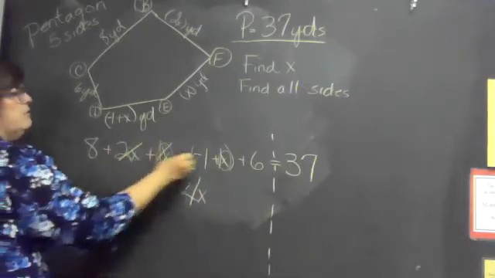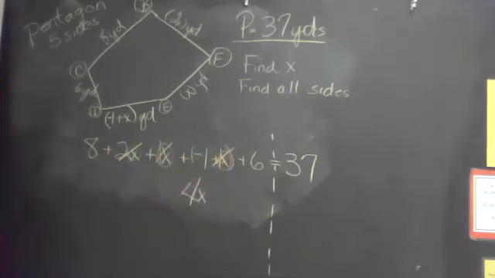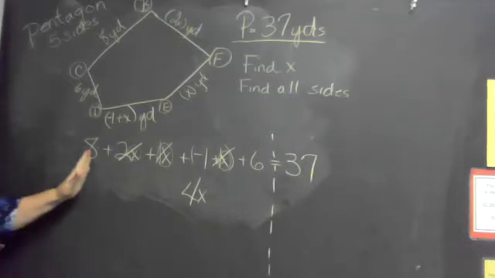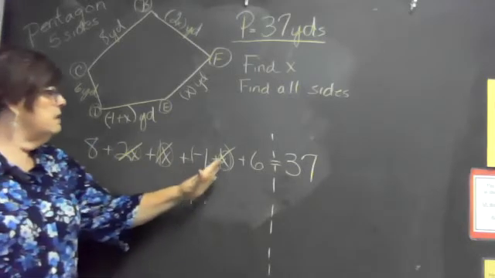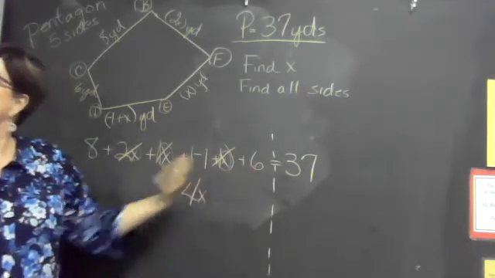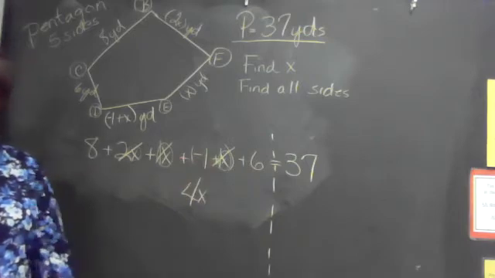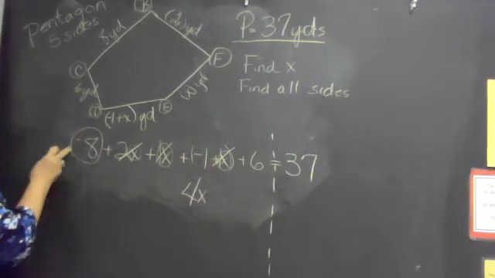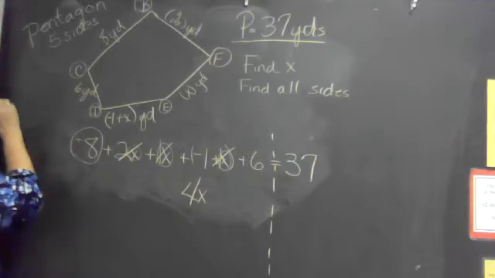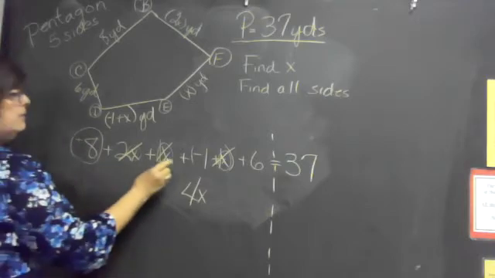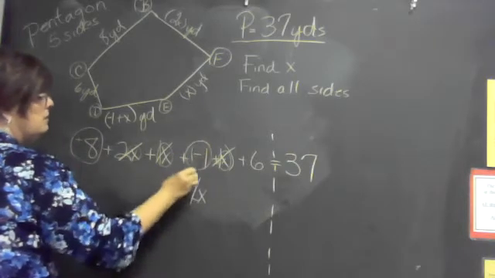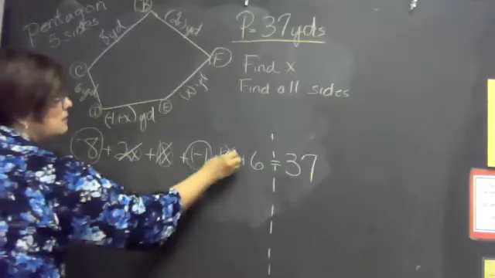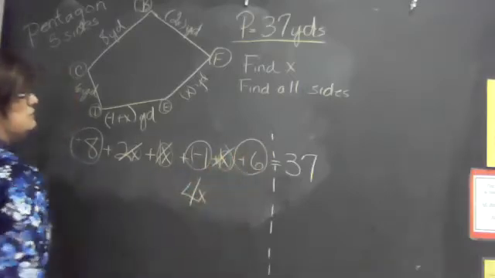Now I've taken care of the X's. And now I have a bunch of plain numbers to get together. And they're all on the same side, so I'm just going to group them up again. So here is a +8 because if the sign doesn't show, it's positive. Here's a -1, and here's a 6.